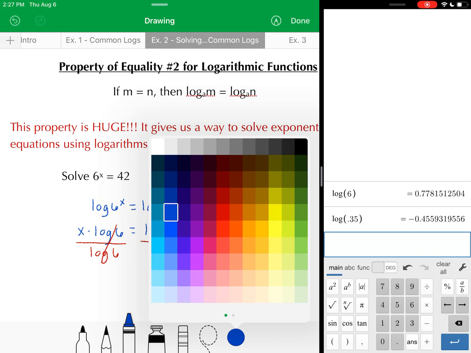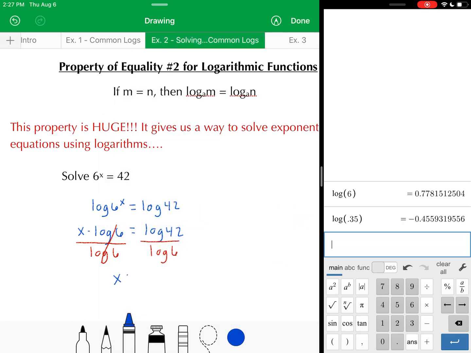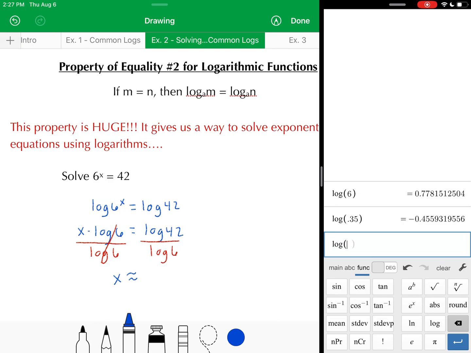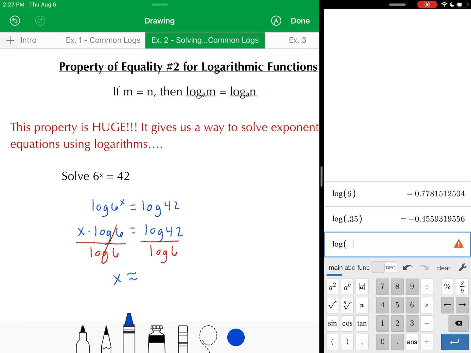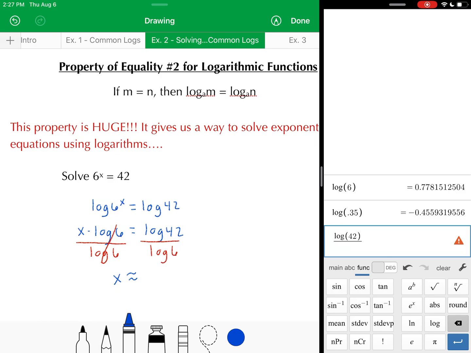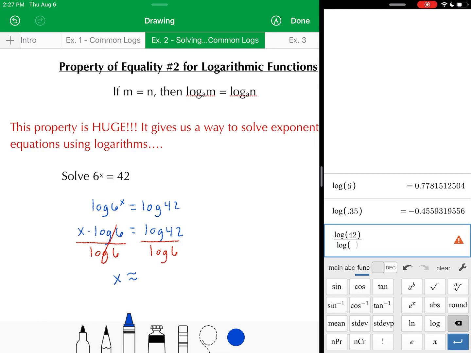Now you let your calculator do the work for you. So I take common log of 42. Make sure you close out that first parenthesis and then divide it by common log of 6.